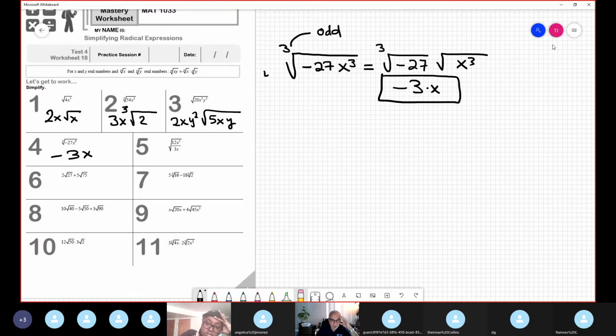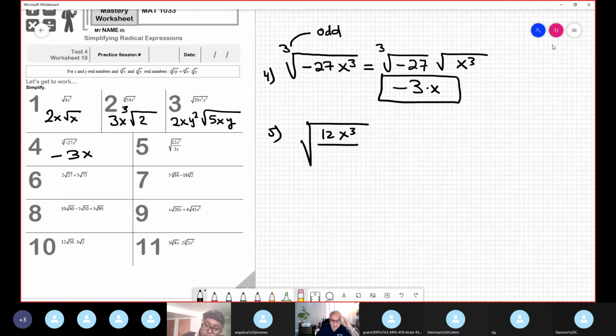Number 5 is division. Be careful with the division and rationalization. Well, not always. Hey, Professor, I believe number 4 was 27x to the 8th power. Oh, yes, you're right.